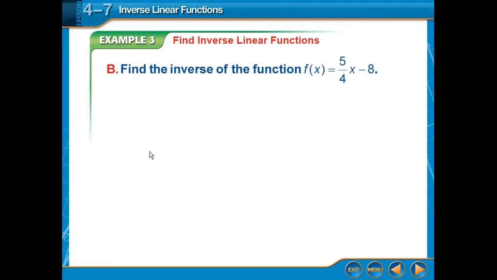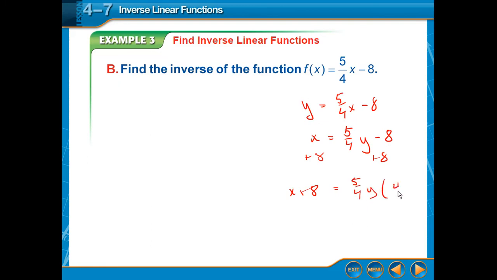Okay, let's do one more. First step, replace f of x with y. Second step, switch x and y. Get y by itself. So now I'm going to multiply by 4/5 to get that y alone, and it gets multiplied to the entire thing.